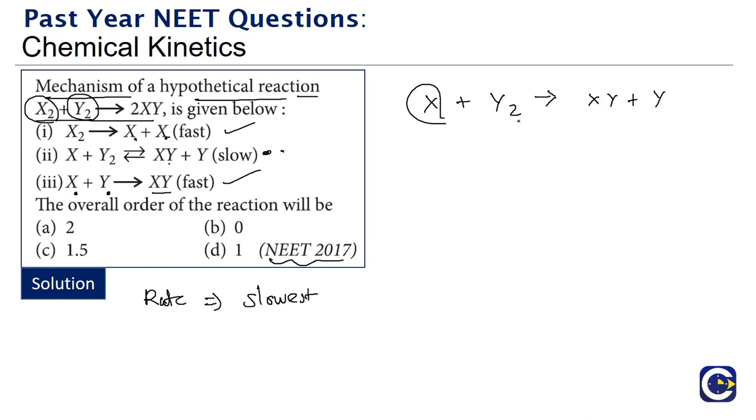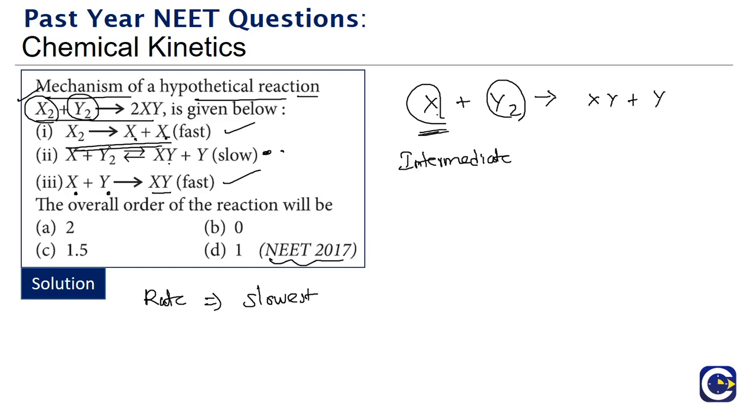In this the reactants are X and Y2, but X is not the original reactant, it is in fact the intermediate. Now we have to express the concentration of X in terms of the original substance, which is X2.